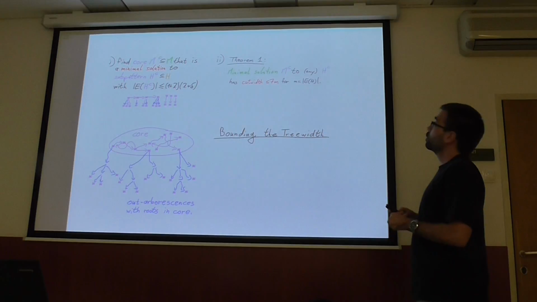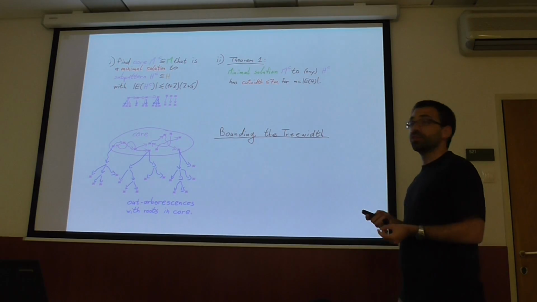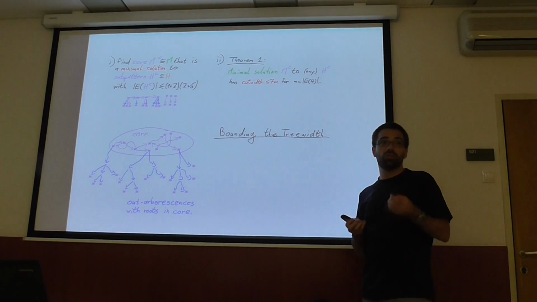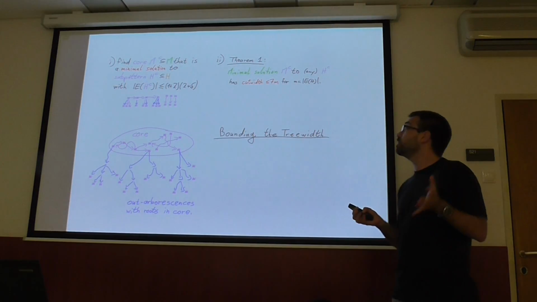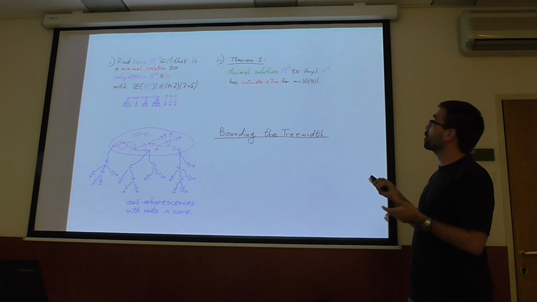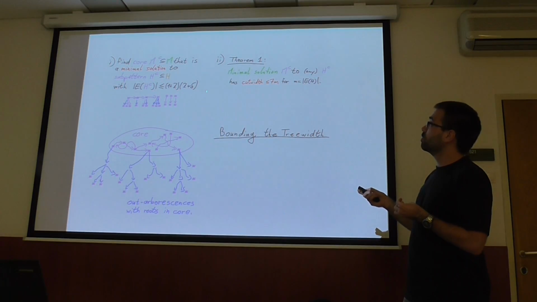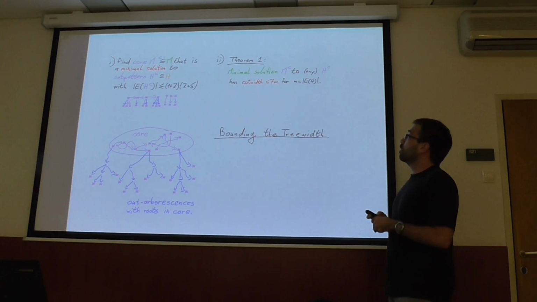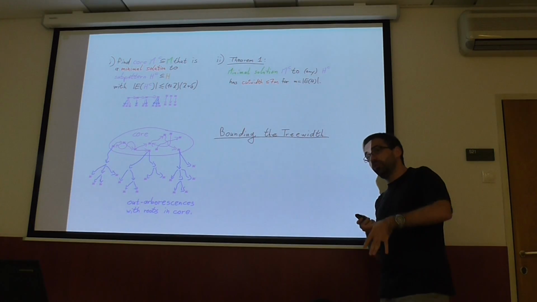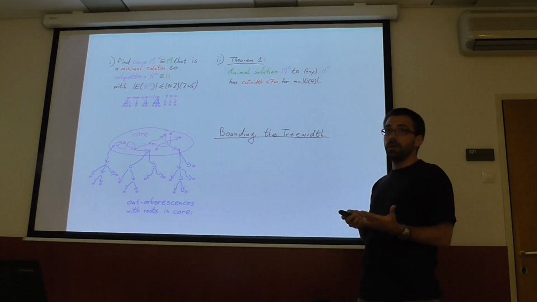And now recall that we have this theorem which lets us bound the cut width of any minimal solution for any arbitrary pattern. So in particular, we can bound the cut width of the core depending on the number of edges of the subpattern. Since the cut width also bounds the tree width, this bounds the tree width of the core.